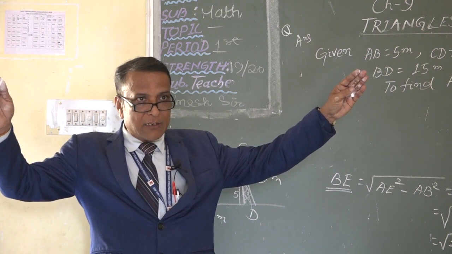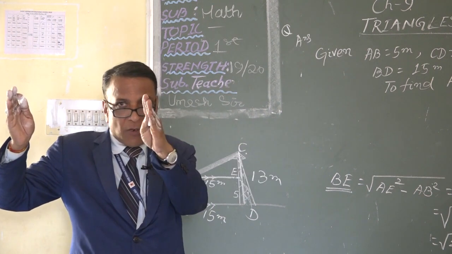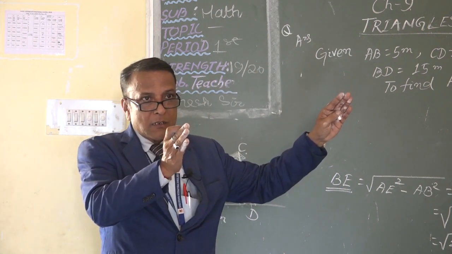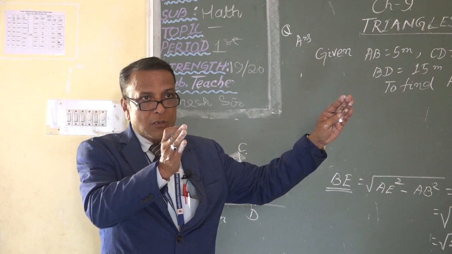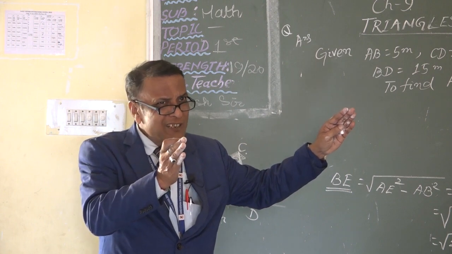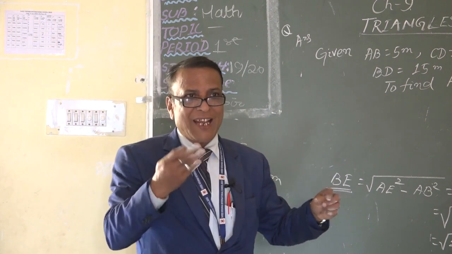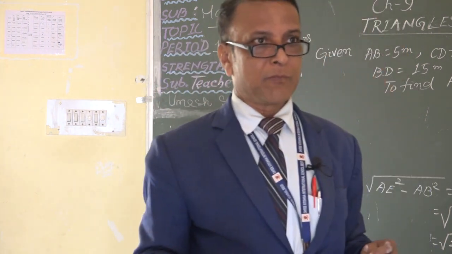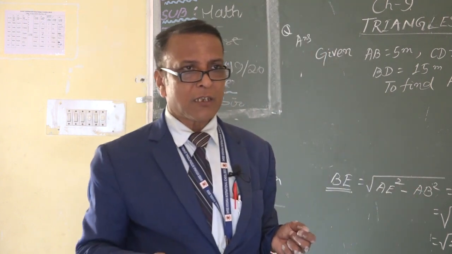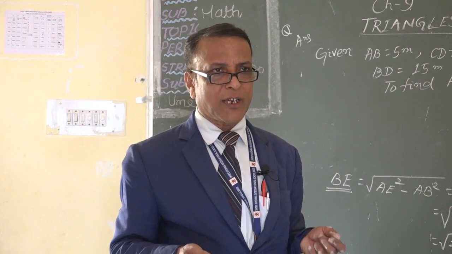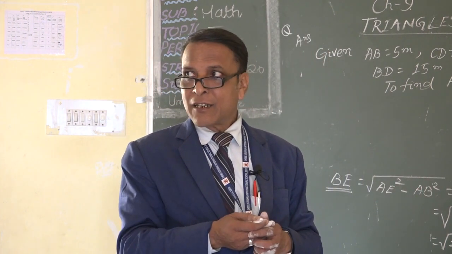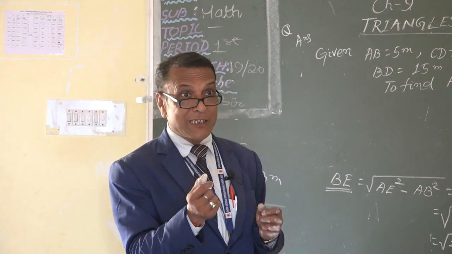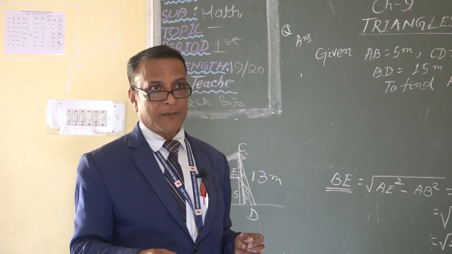CD is equal to 13, but this is equal to 5. Then what is this? What you will do? 13 minus 5. Say loudly. So why are you not saying loudly? As I am saying, I am talking. You are thinking, शायद मेरा गलती हो जाएगा, इसीलिए धीरे धीरे means you are just saying.